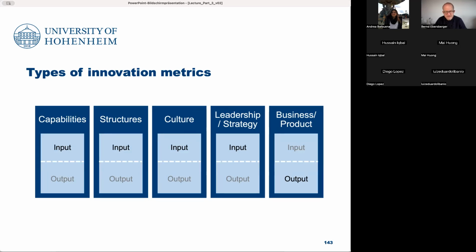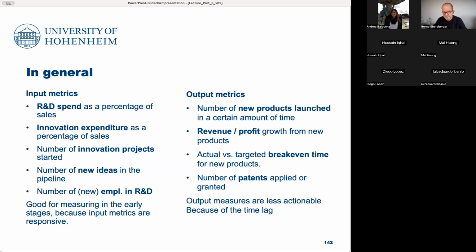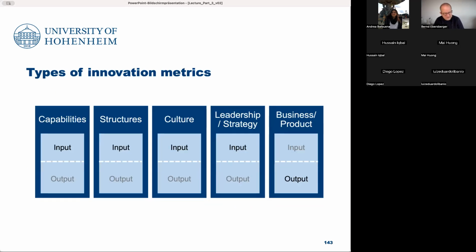These different types of general metrics, we can break them down: what they tell us about the organization, what parts of the organization are captured by these metrics. So you could think of using innovation metrics to capture the organization's capabilities, the organization structures, maybe the culture of the organization.